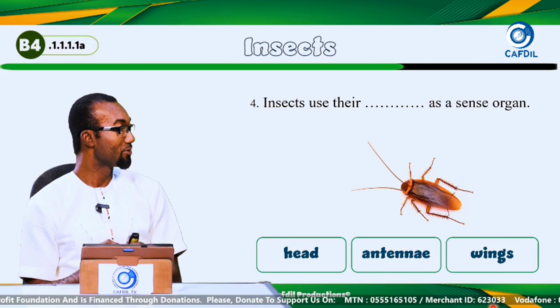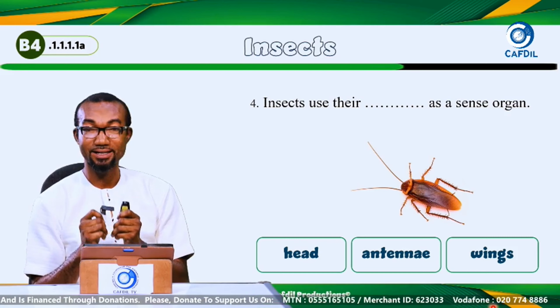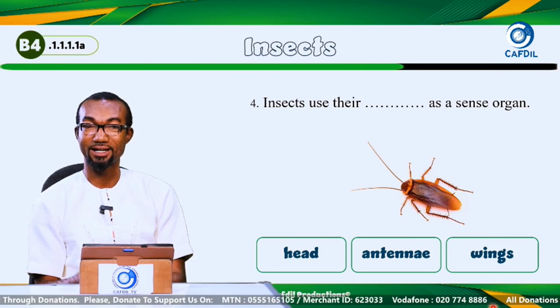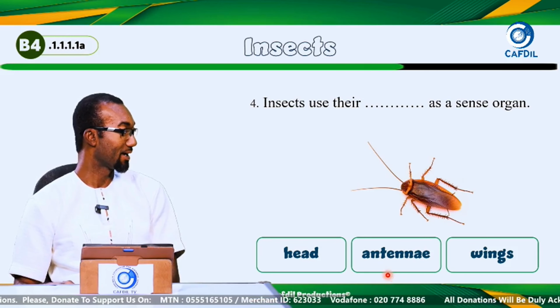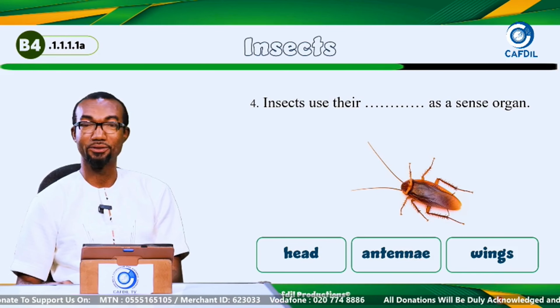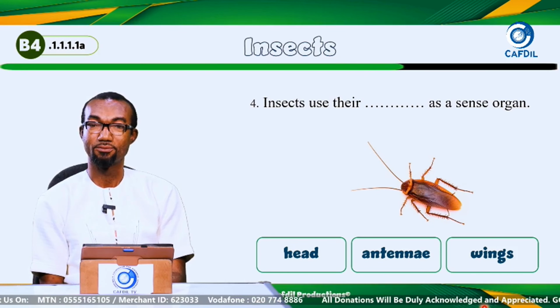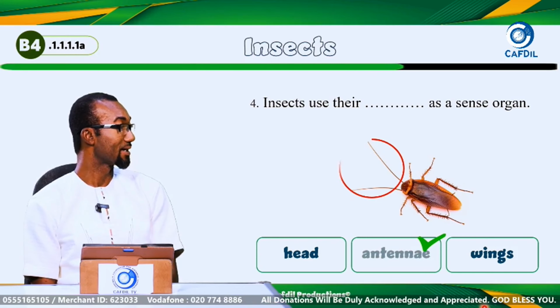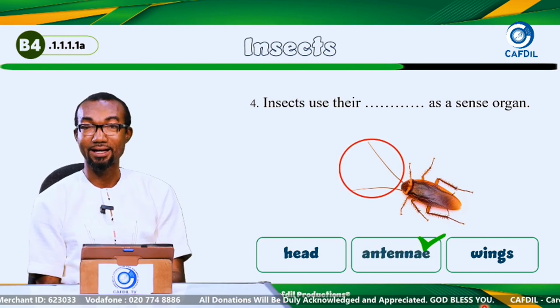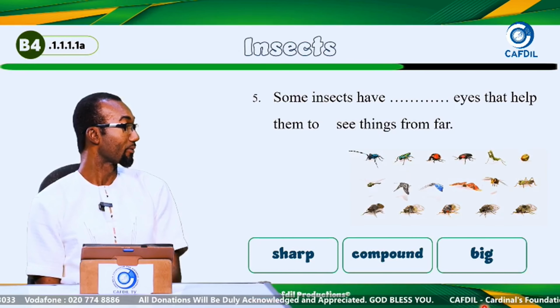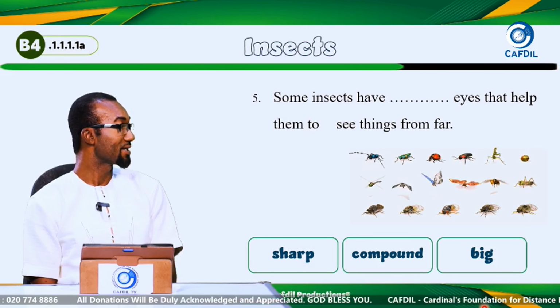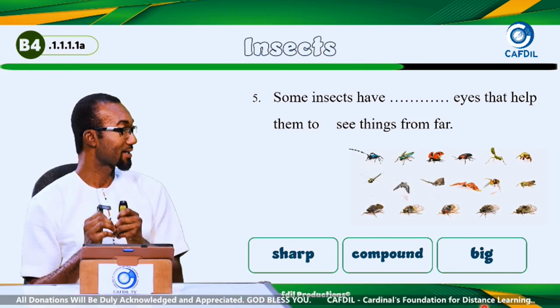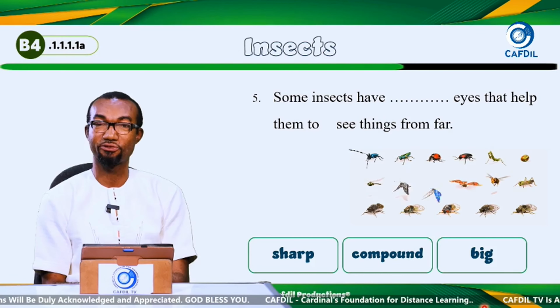Next, insects use their dash as a sense organ. You have the head, you have the antenna, and then you have the wings. Good. Antenna. Insects use their antenna as a sense organ. And then 5. Some insects have dash eyes that help them to see things from far.